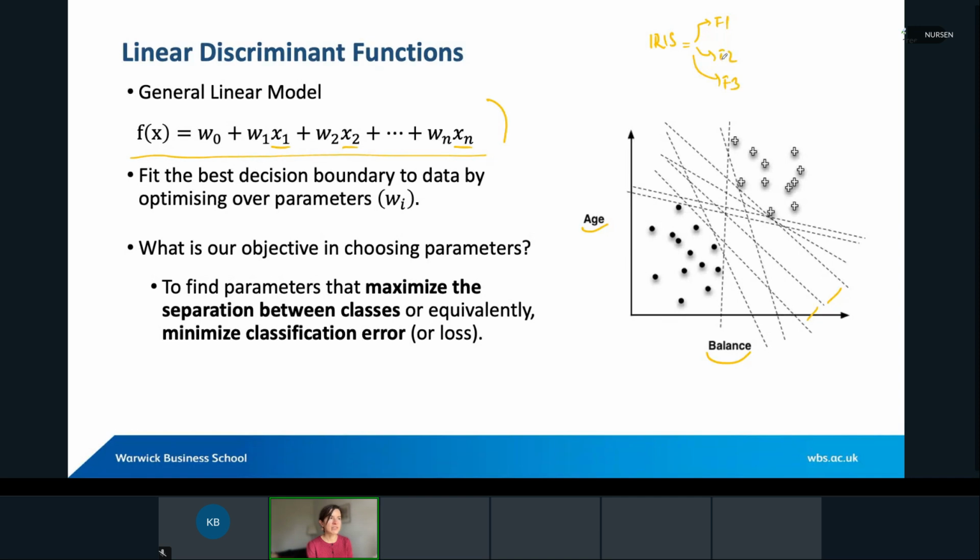So you can have multiple classes, not just default or not default, or fraud, not fraud. We can have a target variable with several categories. In that case, these linear models generally work as flower 1 versus flower 2 plus flower 3. So one of the outcomes is the one we would like to predict, and we can group them as coming from that class versus coming from other classes, one versus multiple. So we can do that.